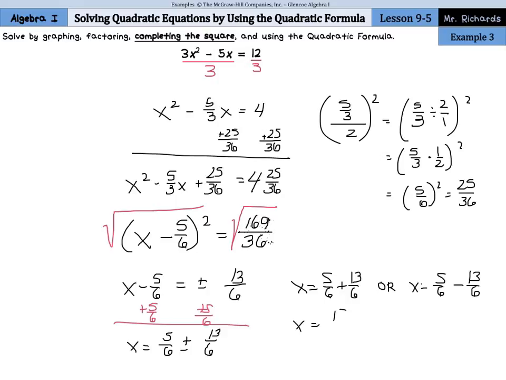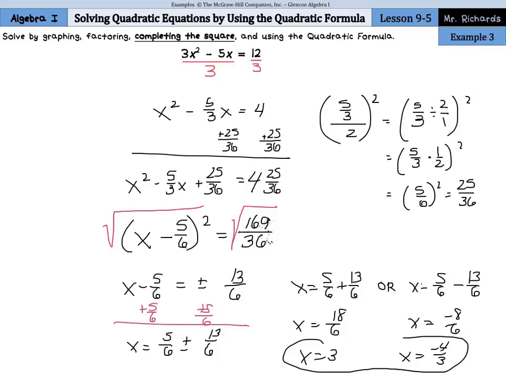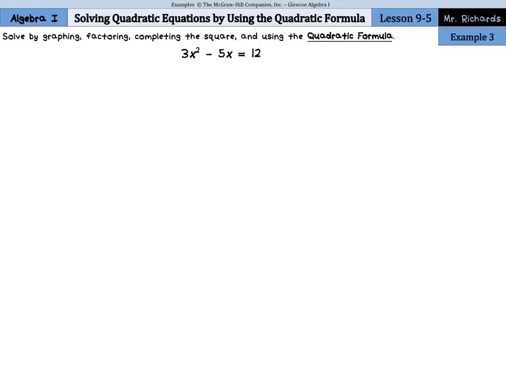My first path results in 18/6, which is 3, or my second path results in negative 8/6, which simplifies down to negative 4/3. So same answer as the previous two, just a different method.